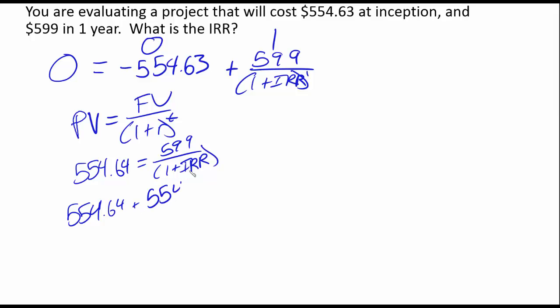As we go through, we're multiplying both sides by the 1 plus IRR, and they're going to be equal to 599.